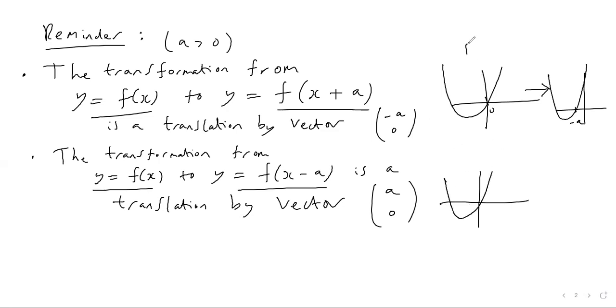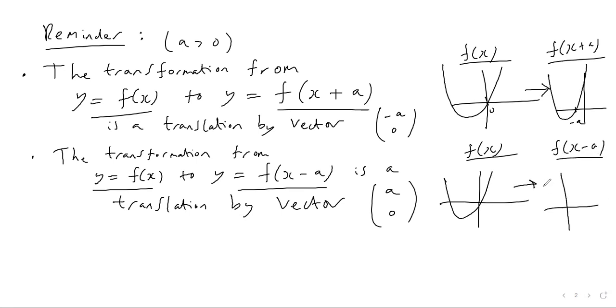Let's say this is f of x, this up there is f of x plus a, and over here, sorry, is f of x minus a. So this is a shift to the right now by a units. This point at the origin is moving to a over there, positive a. So it's a shift to the right. That's just a reminder of graph transformations.